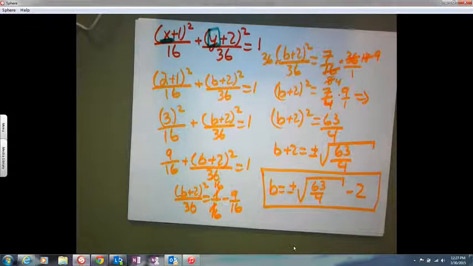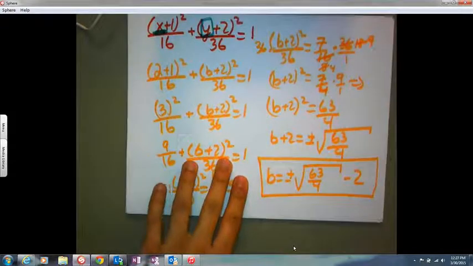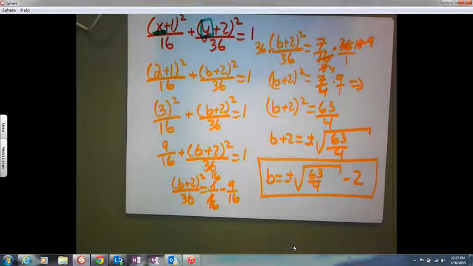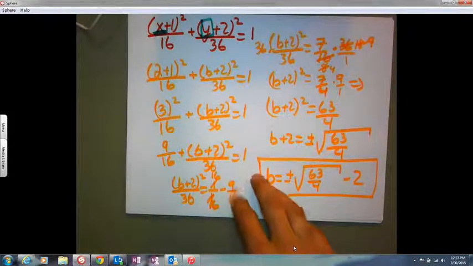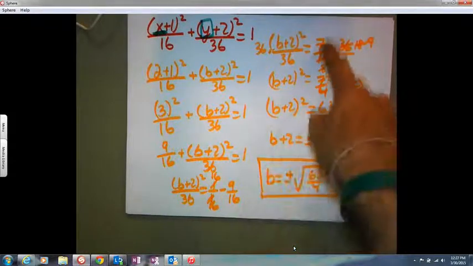Let me take some questions on this. Edgar, go ahead, please. You had 9 over 16. Okay, so I subtracted the 9 over 16 on both sides. So this side is just b plus 2 squared. This is 1 minus 9 over 16, so I got the common denominator. 16 over 16 minus 9 over 16. 16 minus 9 is 7. 16 stays.